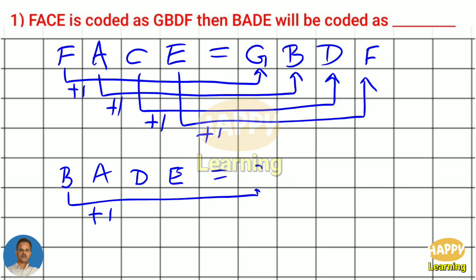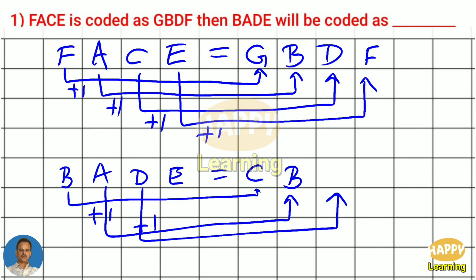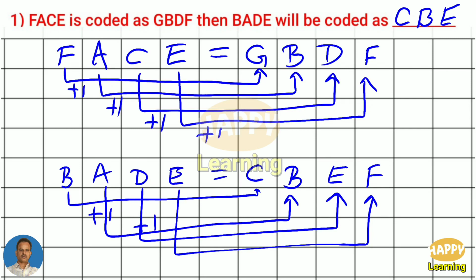After B, you will get C. Similarly, after A, you will get B, after D, you will get E, and after E, you will get F. So C, B, E, F is the code for BADE. Okay. Next question.